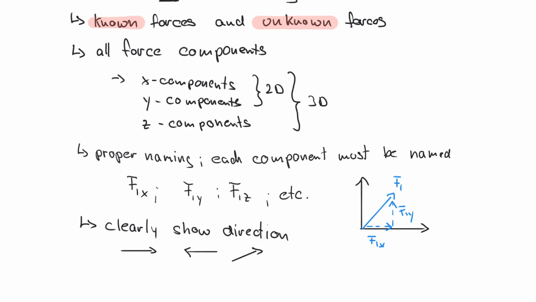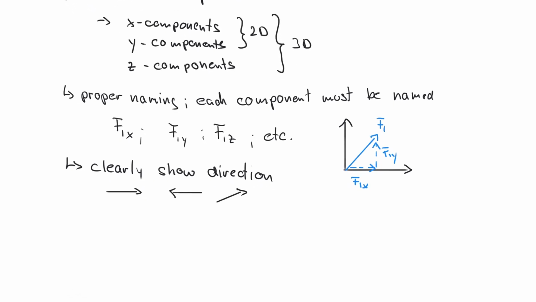And then, of course, you have to include the angles. Let's add that. So include angles. And in this picture here, it would be, of course, this alpha angle that needs to be included as well. You, of course, also need a coordinate system. So must include coordinate system.